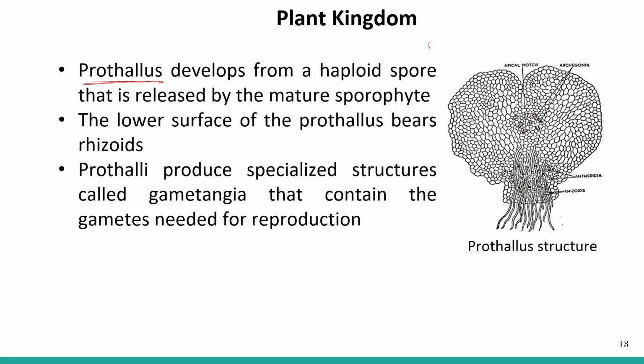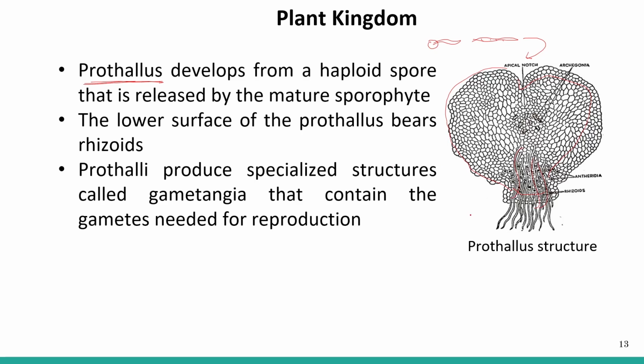When the spore germinates, it forms a thallus-like structure, and later it gets converted into a heart-shaped structure, dorsiventrally flattened. The lower surface of the prothallus bears rhizoids. Here you can see hair-like structures, which are called rhizoids.